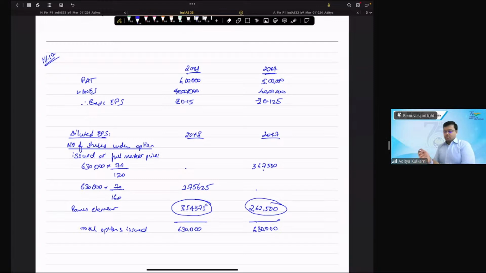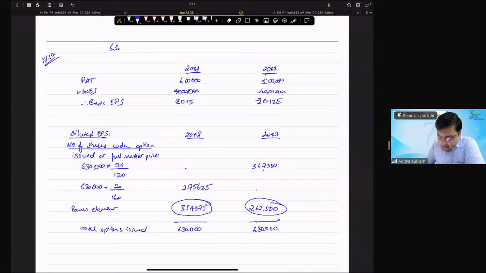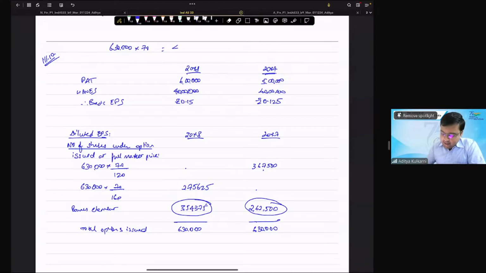Sir, how did you calculate this bonus element? Bonus element is very simple. See, I had 6,30,000 options. Against 6,30,000 options I would have collected 70 rupees. 70 is the exercise price, at rupees 70 per share. So I would have collected 4,41 lakhs.